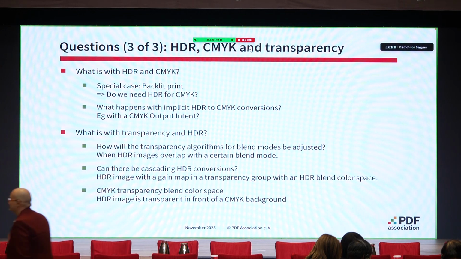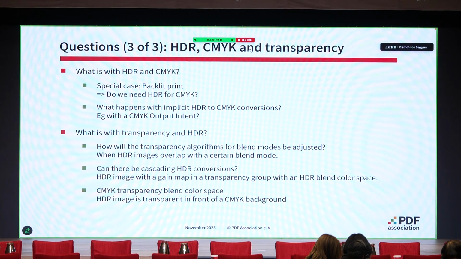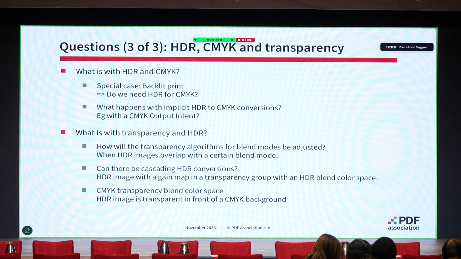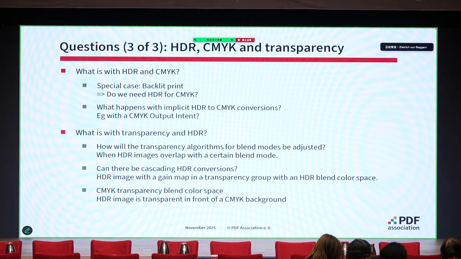So if CMYK wouldn't support HDR, it would have to be specified how an HDR image using RGB in the foreground is then calculated with the CMYK object in the background. Okay.